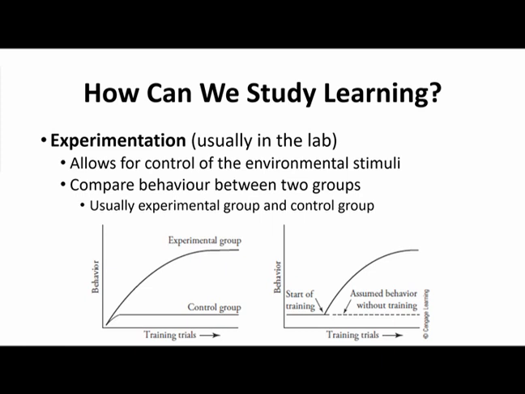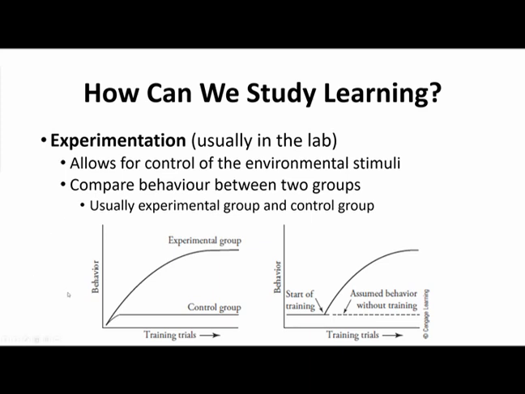Then we can set up different types of training or different kinds of treatment between groups of individuals. So we might have a control group that receives no new training, and we might have an experimental group that receives a particular kind of exposure that we think is going to cause them to learn something.